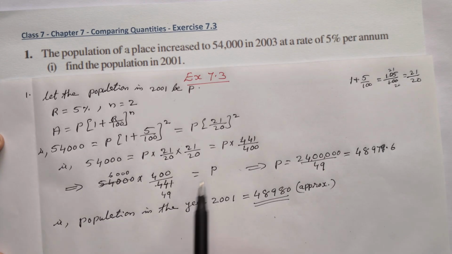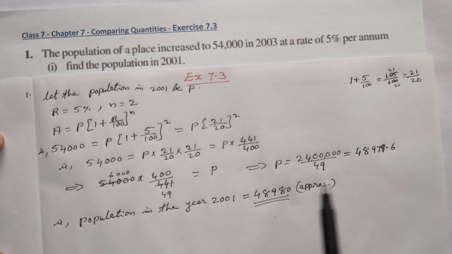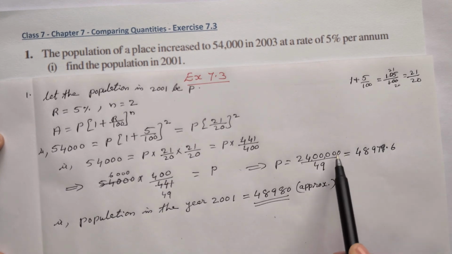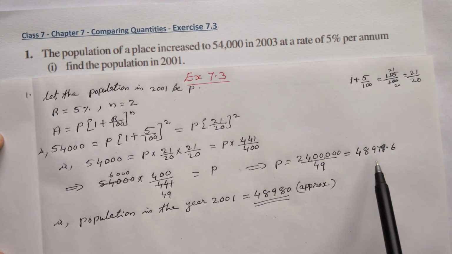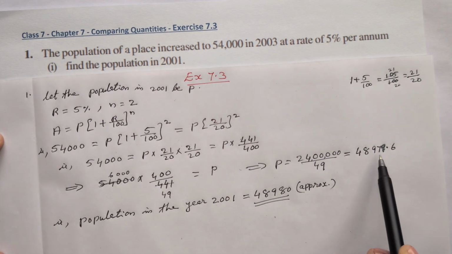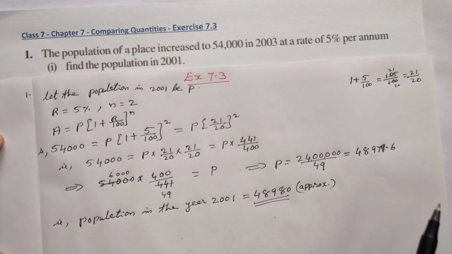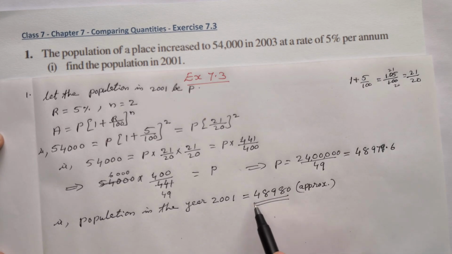So here when we are simplifying by 9, here 49 and here 6,000. So 6,000 into 400 will come 24 lakh. Then that divided by 49, we will get 48,979.6. So we can round it.